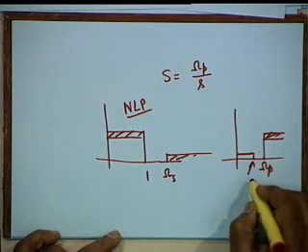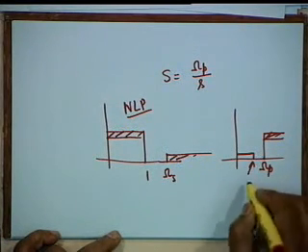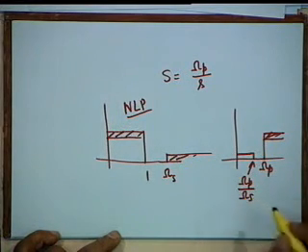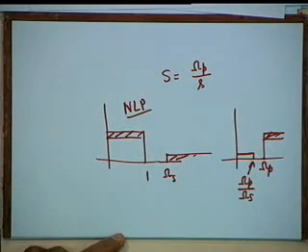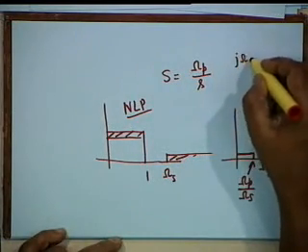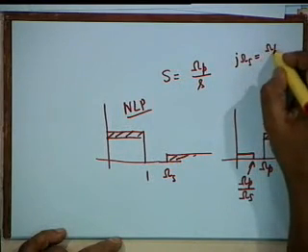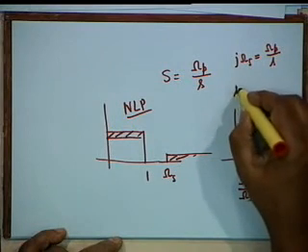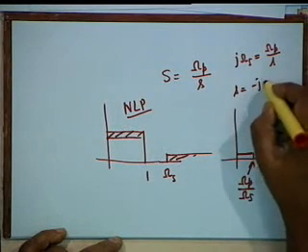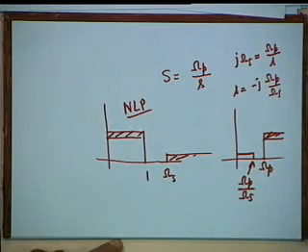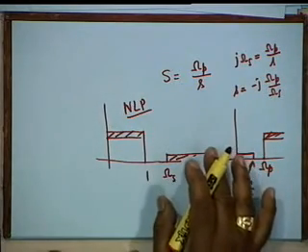Omega p divided by omega s, or is it the other way around? Capital S equal to j omega s is equal to omega p divided by small s, right? And therefore, small s equal to minus j omega p by omega s. That is it. It will come automatically.